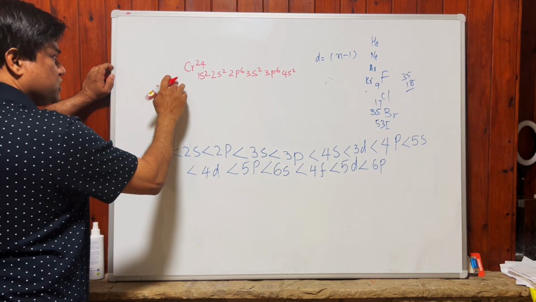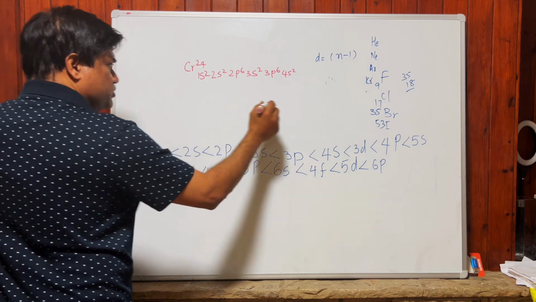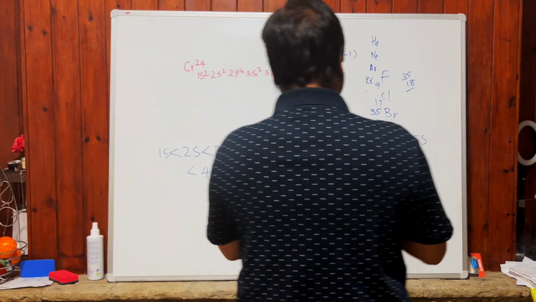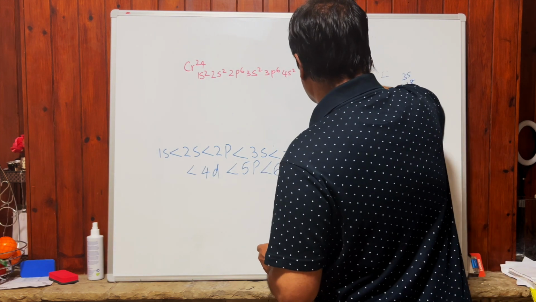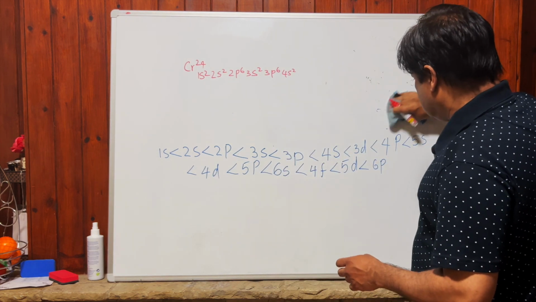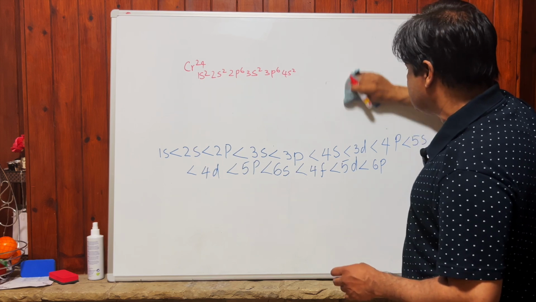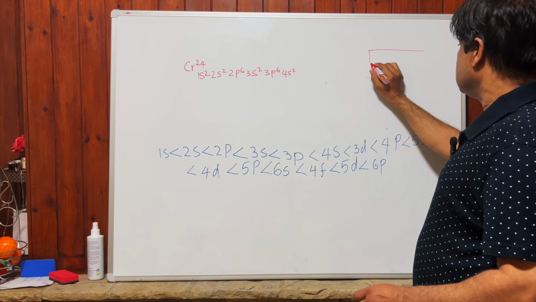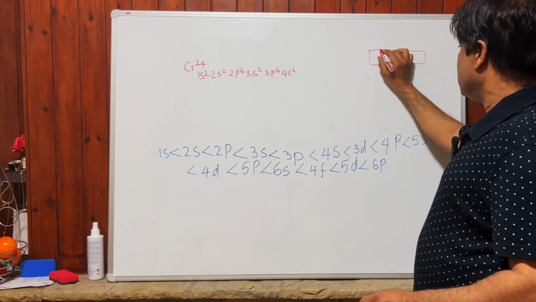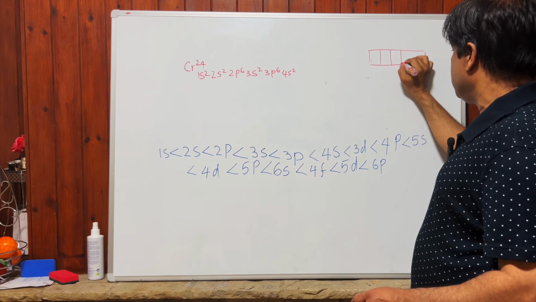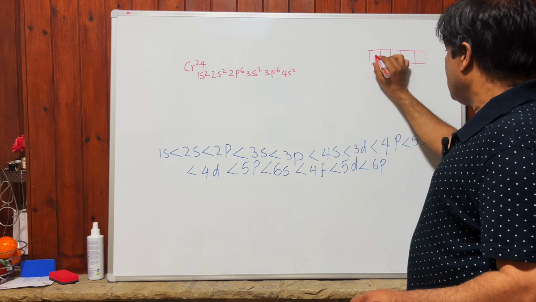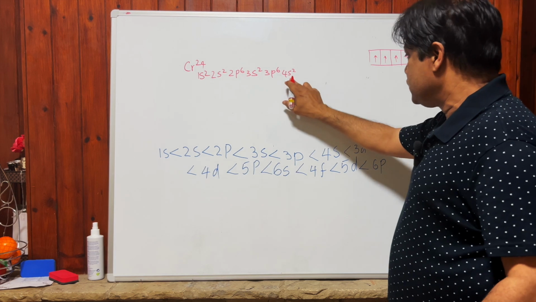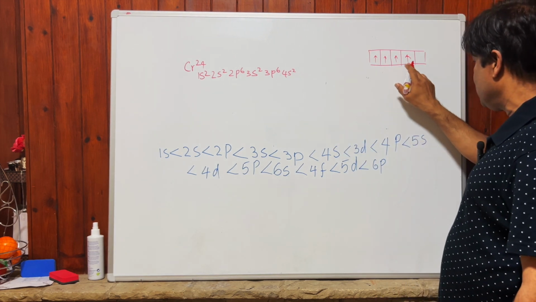So the d subshell has 5 orbitals. 1, 2, 3, 4, 5. One electron, then one more electron, one more, one more. This is 20, 21, 22, 23, 24.